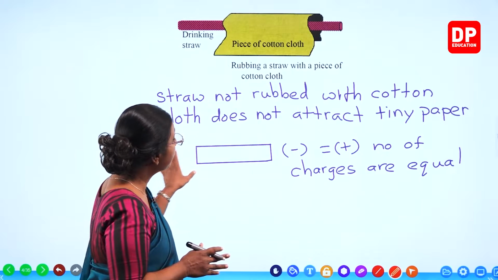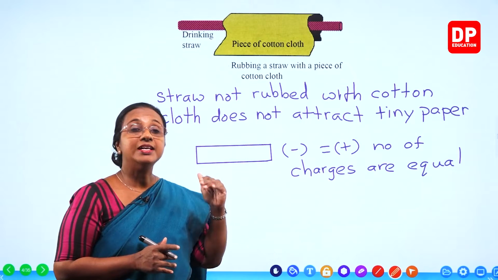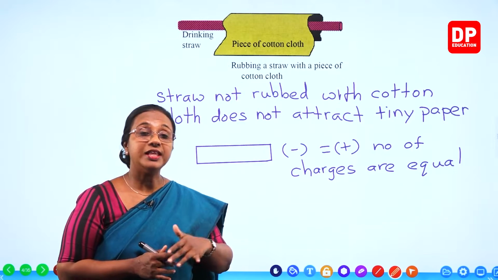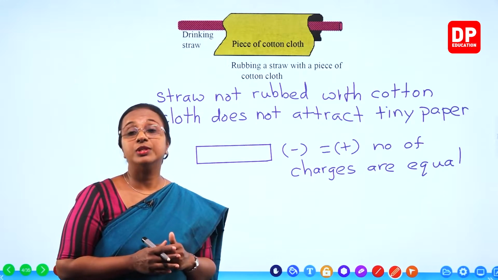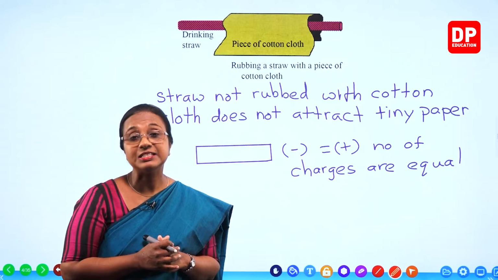So when you rub a cloth with a straw, either electrons can come from the cloth to the straw or they can go from the straw to the cloth. Because of that, there will be a charge.